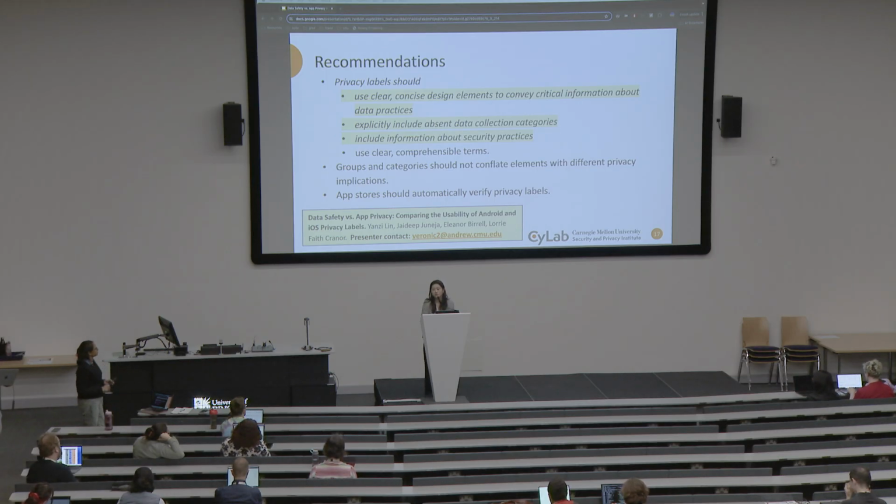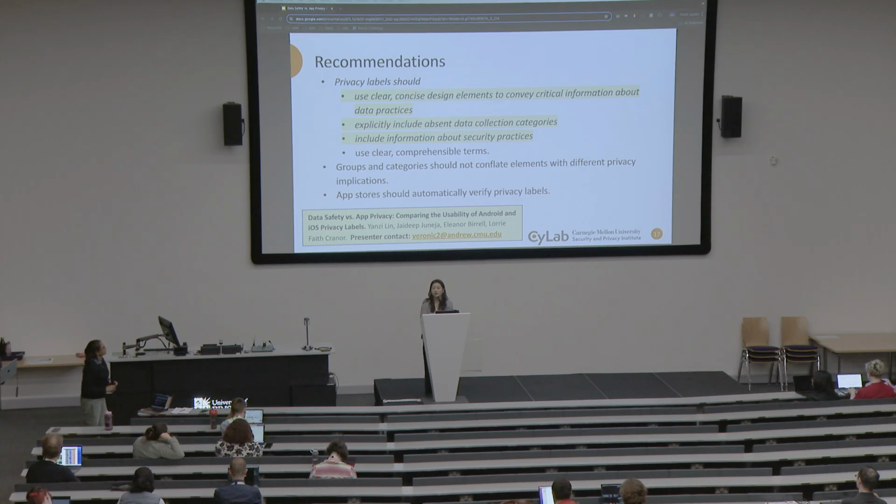During our interviews, we asked users who they believe created the labels, and I believe 16 out of 24 participants answered the question correctly and believed that the developers created the labels. A lot of our users expressed skepticism towards the accuracy of those labels.